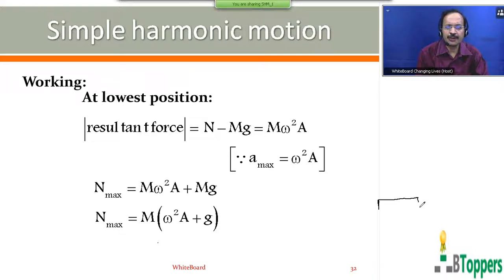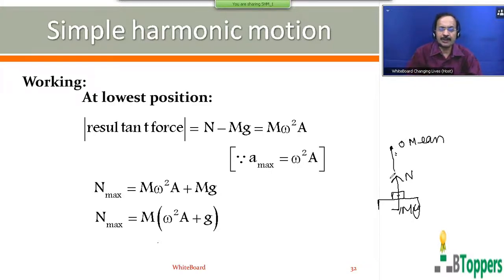As explained here, at the lowest position, the normal reaction force on the block acts towards the mean position. The weight mg acts away from the mean position for oscillations at the lowest position. You can take a pause and copy the working as shown on the screen.